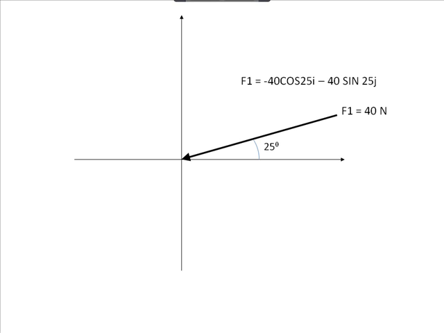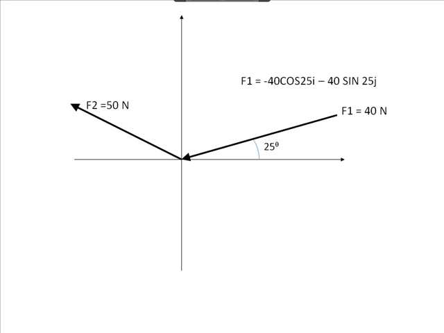If we do that, then x component is always cos and y component is always sine. When it comes to positive and negative sign, we have to see in which direction the resolved component is. If it is in negative x direction or negative y direction, the signs will be negative. Therefore, as you can see, the x component of this 40 force is minus 40 cos 25, and the y component of this force of 40 Newton is minus 40 sin 25.